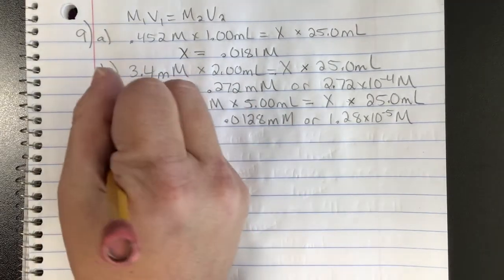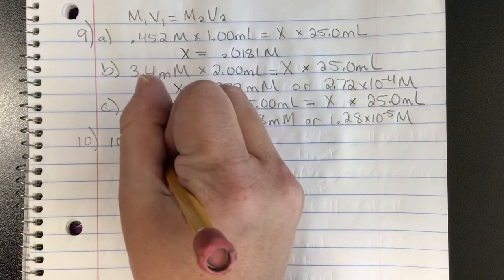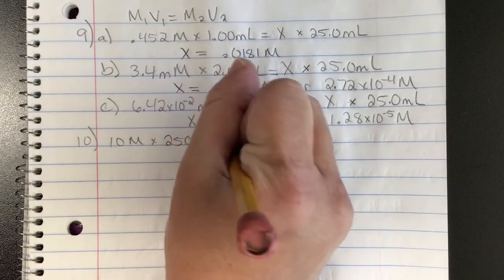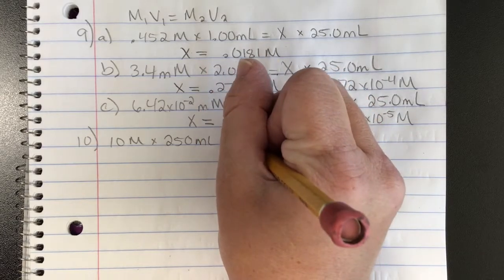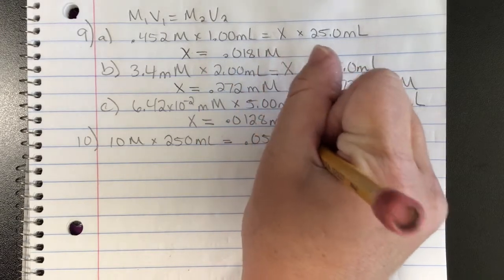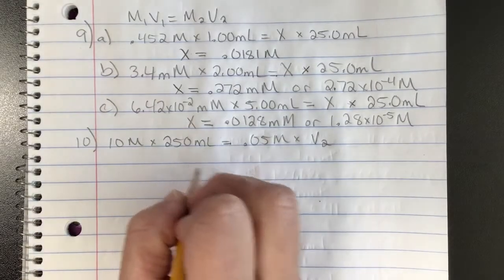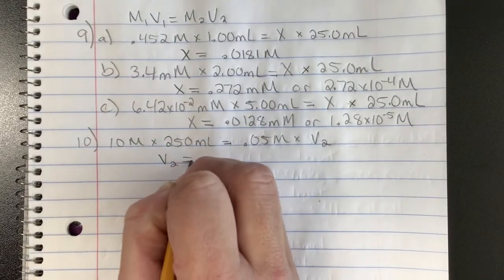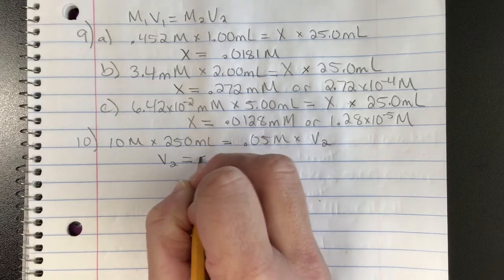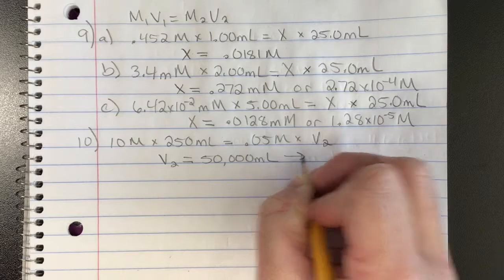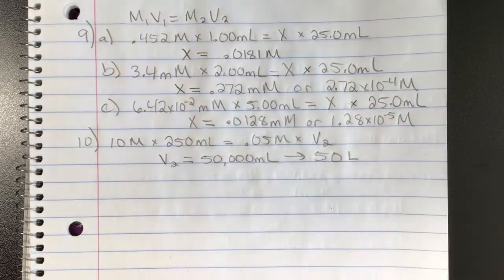So our M1 is 10 molar, our V1 is 250 mils. Okay, we have M2, it's 0.05, but we are looking for V2. Okay, so we solve for V2, and we get 50,000 mils, but if I change that to liters, it would just be 50 liters.